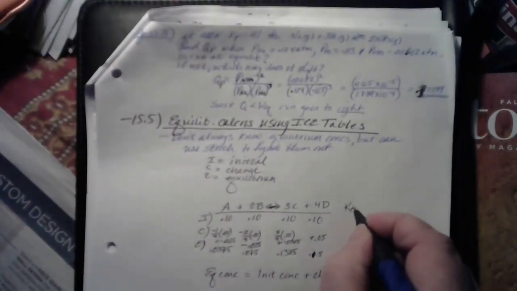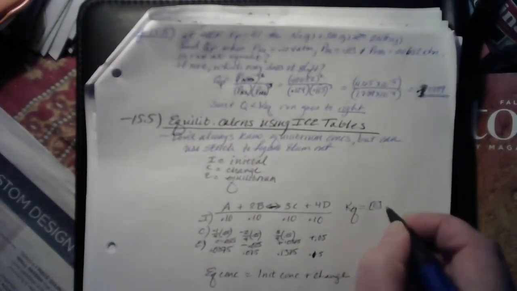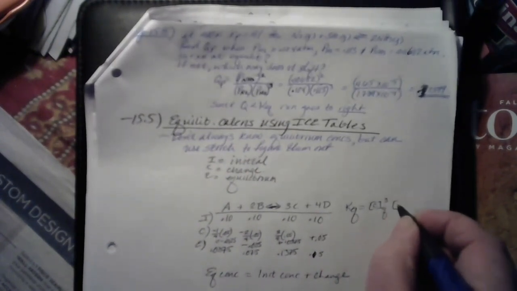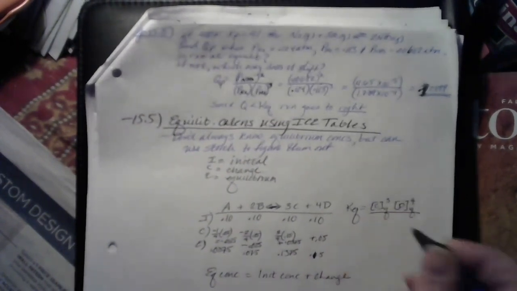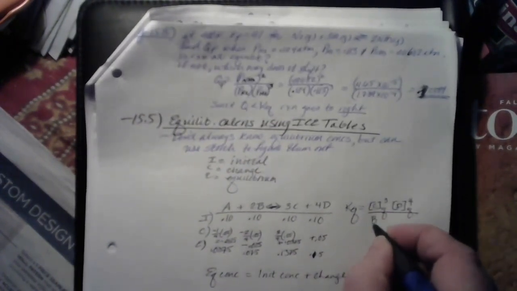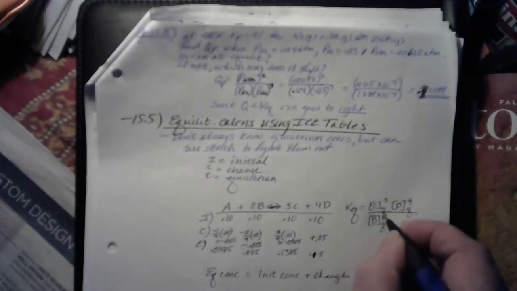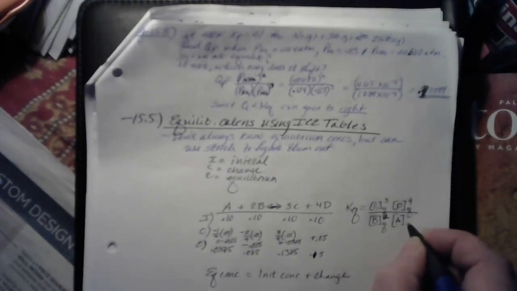And now we can find the Keq. This Keq is going to be the concentration of C at equilibrium to the third times the concentration of D at equilibrium to the fourth, over the concentration of B at equilibrium squared times the concentration of A at equilibrium to the first power.